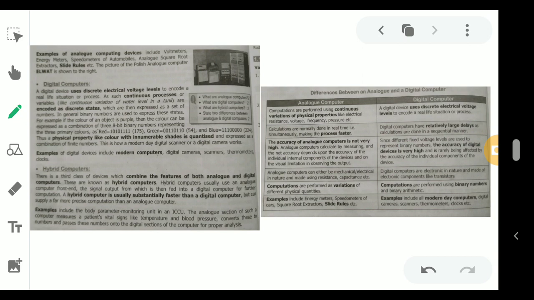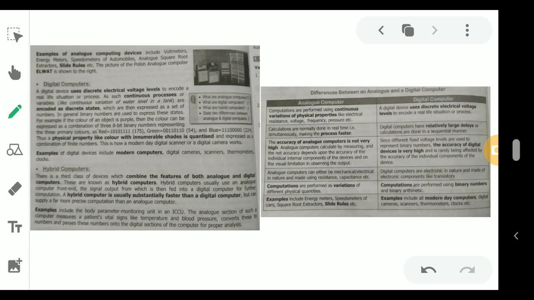The computations in analog computers are performed as variations of different physical quantities, but in digital computers, computations are performed using binary numbers and binary arithmetic is followed. Examples of analog computers are the energy meter, speedometer of a car, square root extractor, or slide rules. Digital computers include modern day computers, digital cameras, scanners, thermometers, clocks, etc.